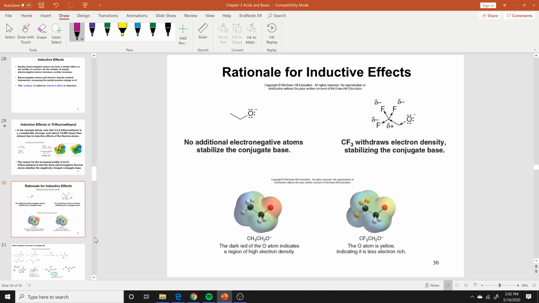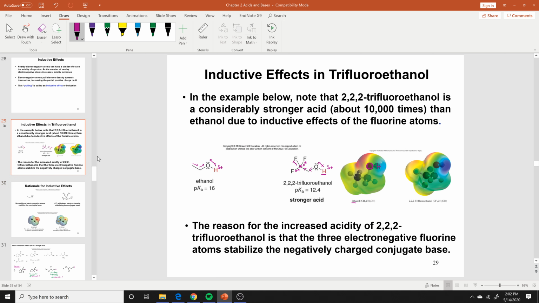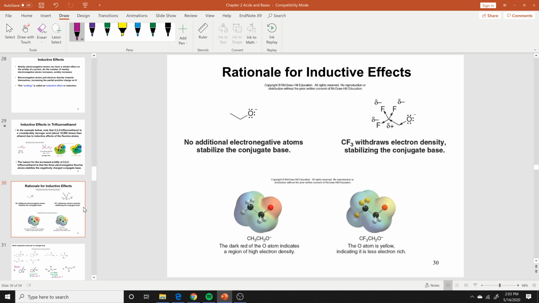So in this case, if you compare ethanol and this compound, the first thing I would do is consider the conjugate base for each. I would lose the hydrogen for each and get their conjugate bases, and then see which of these conjugate bases are stable.